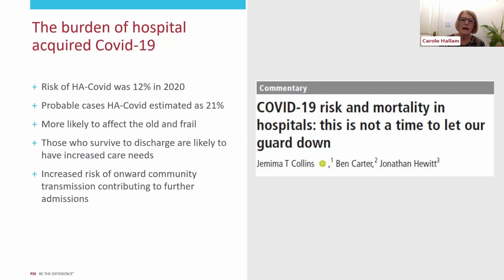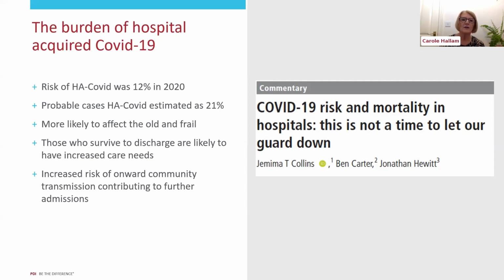Nice paper by Jemima Collins, looking at the burden of hospital-acquired COVID. And I think those of you working in acute trusts and in other healthcare environments have seen huge numbers of transmission of hospital-acquired COVID.